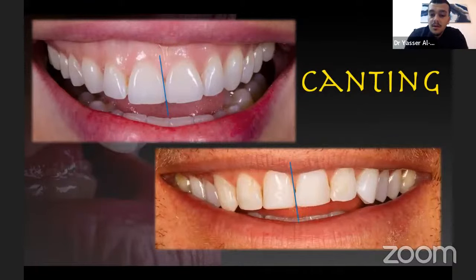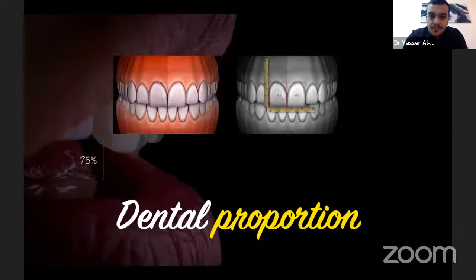But the canting, which means inclination of the dental midline or the upper dental arch, either right or left, can be noticed at maybe 0.5 or 1 mm. And if we don't correct that in the smile design, the whole smile will be flawed or ugly.